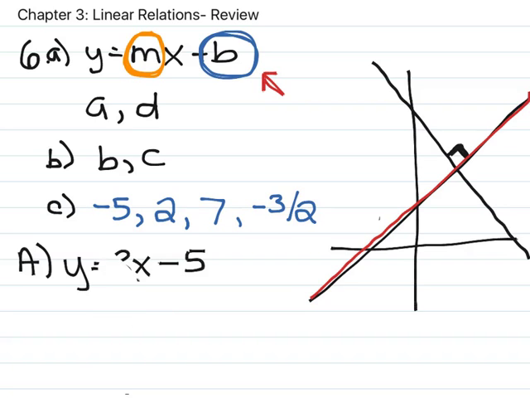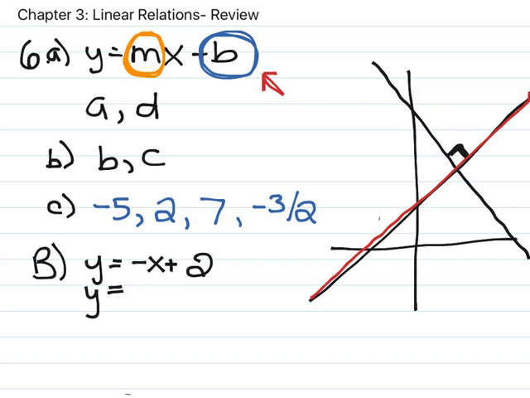So then for graph B, to find a perpendicular line, you have y equals -x plus 2. When you have a negative there, that's the same as saying there's a -1.